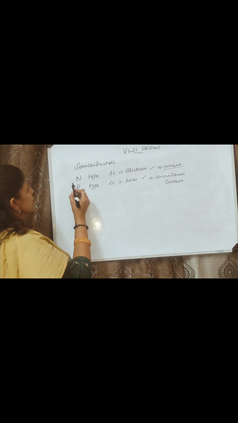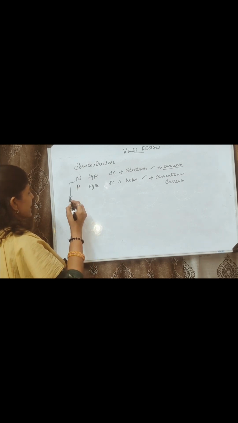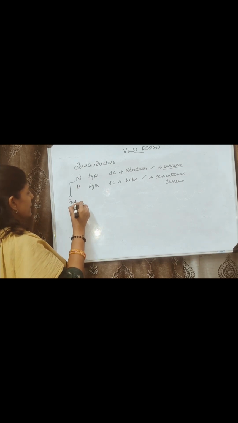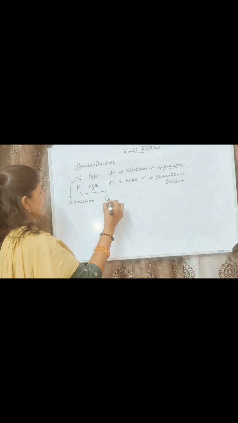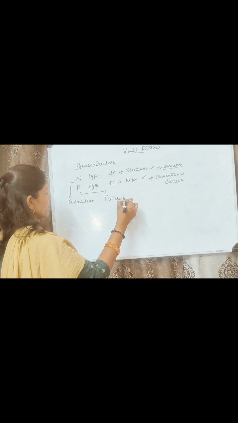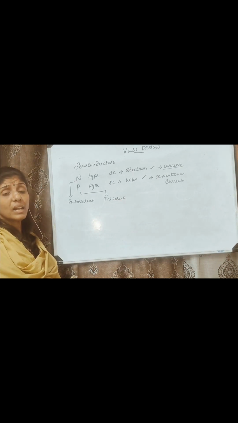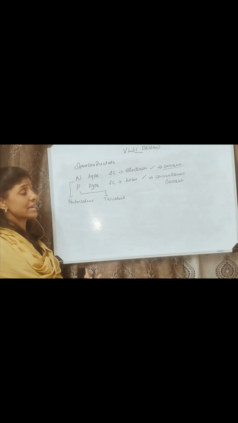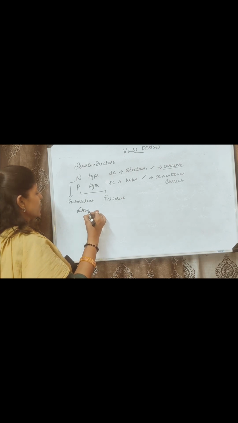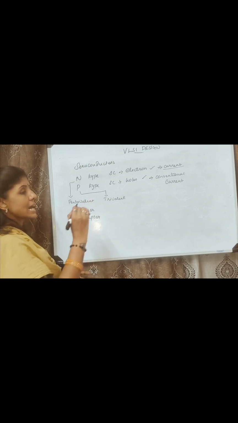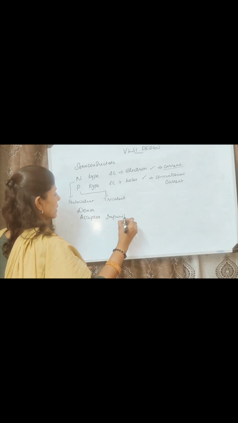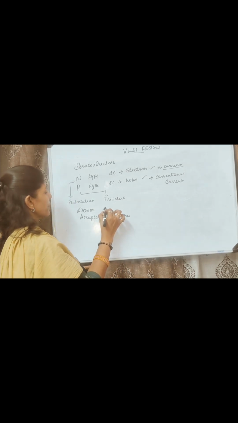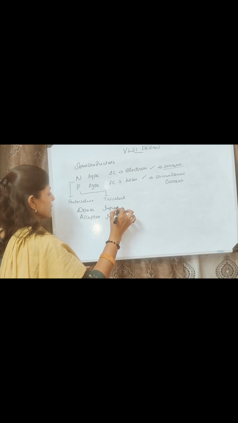In an N-type semiconductor, pentavalent impurities are used, and in a P-type semiconductor, trivalent impurities are used. Here we have to remember two words: donor and acceptor. Trivalent impurities are acceptor impurities, and pentavalent impurities are donor impurities.